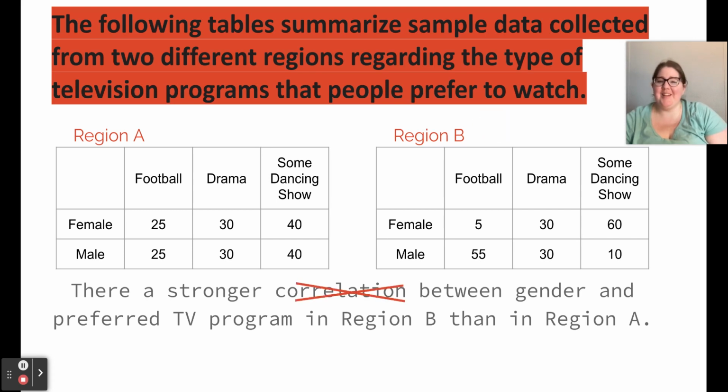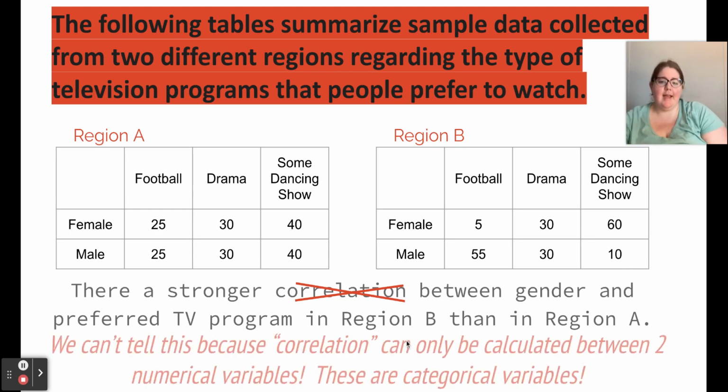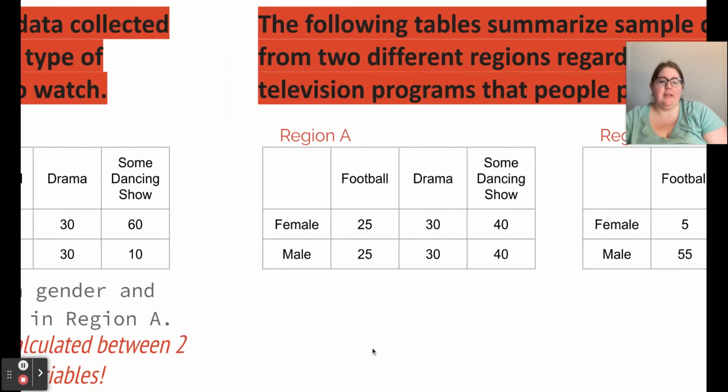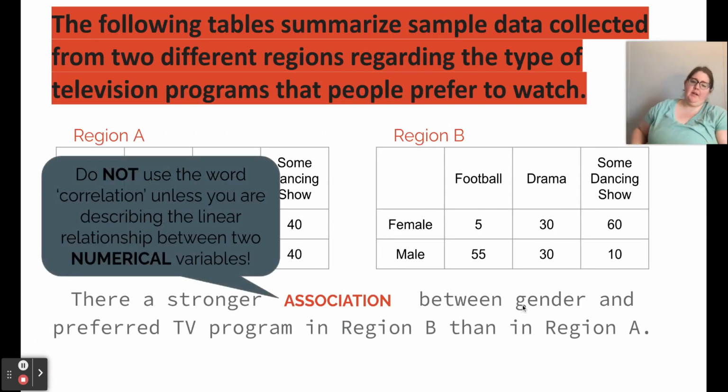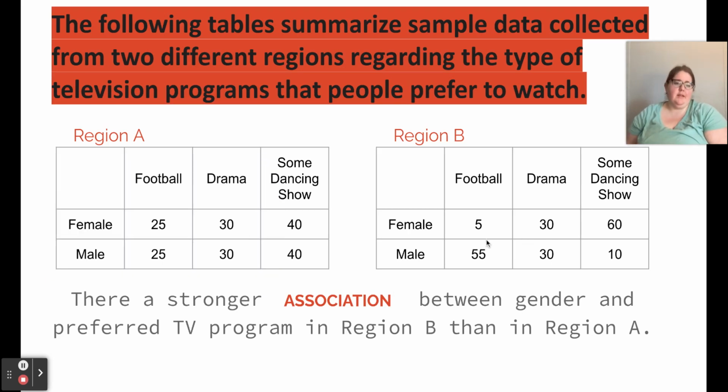And the answer is no, because the word correlation is specifically for numerical variables. I could say that there is an association between those two variables, between gender and preferred TV program in region B, because I do see that in region B, females have a stronger preference for dancing and males have a stronger preference for football, compared to region A, where it's mostly equal. But I cannot say the word correlation. It's kind of a trick question.